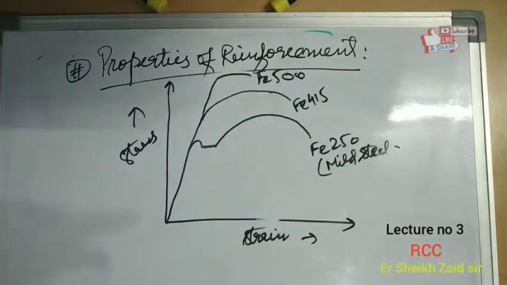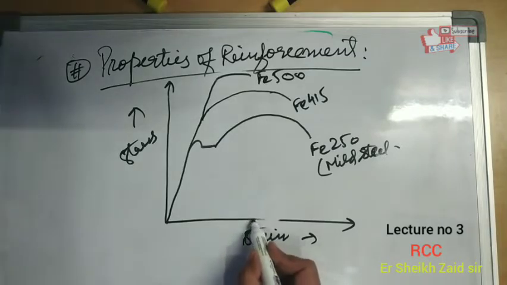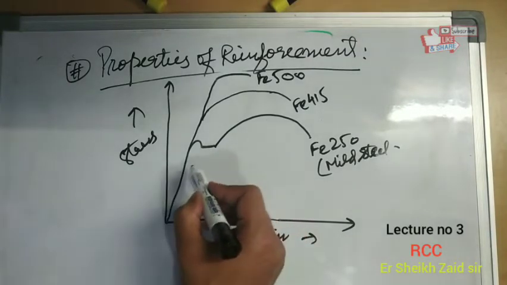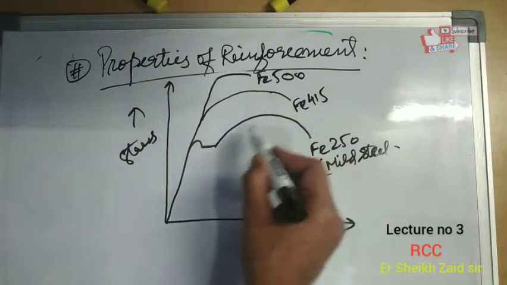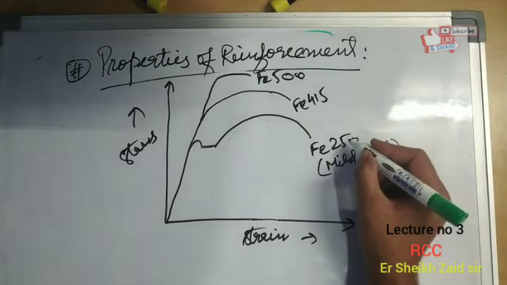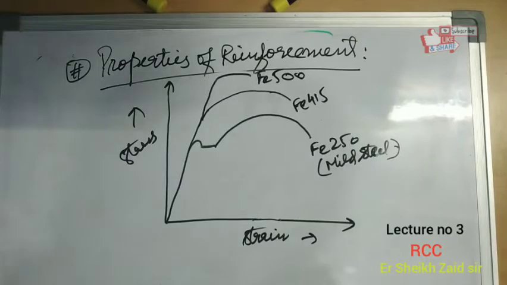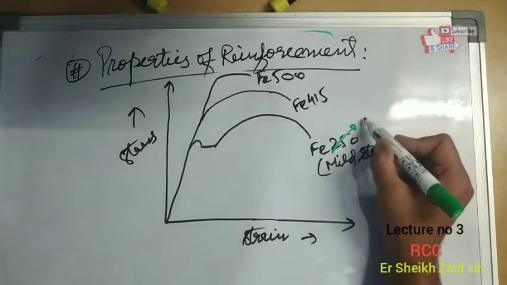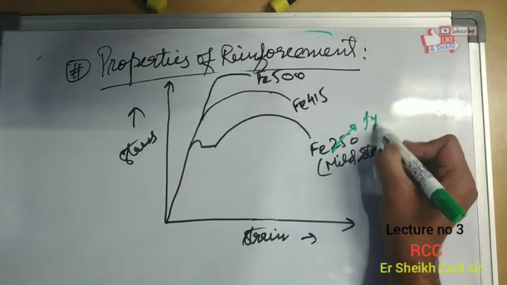So these are the different stress strain curves for different grades of steel. You all might be familiar with this type of mild steel curve, but these are new for you. So what is mild steel? It can either be ordinary or hot rolled with characteristic strength of 250 Newton per mm square. This is characteristic strength, fy, you can say.